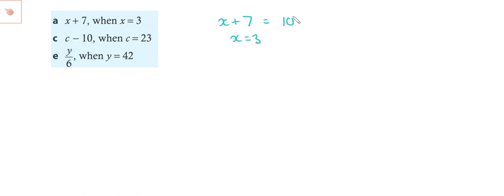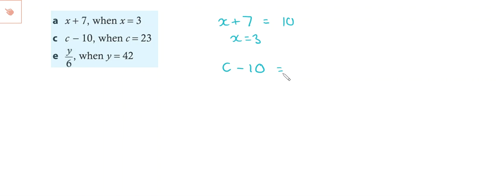There you go. Sorted. Simple. All right? This one. What do I have to do? Okay? So c is 23, and when I've decided what c is, what do I have to do with it?